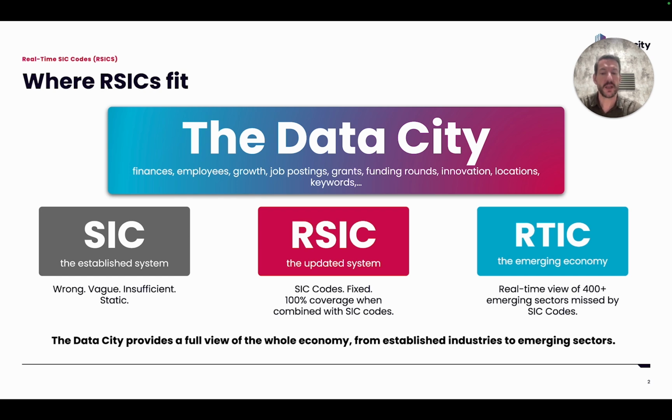So it's using the classification taxonomies of the standard industrial classification or SIC code, but it's using website text to assign them correctly. So this fixes misassigned or errors in SIC code classifications and provides 100% coverage of the UK business base when you combine it with your SIC codes at Companies House.